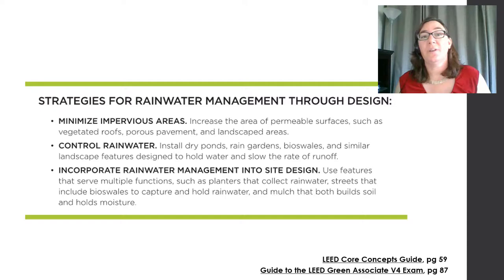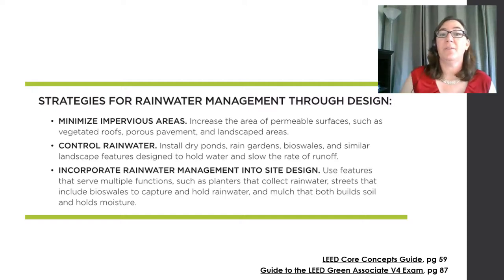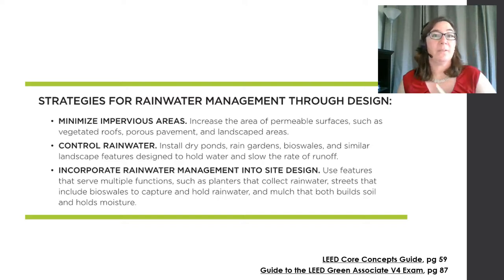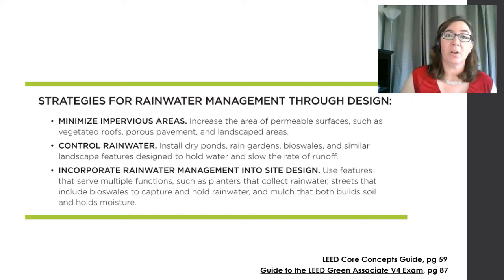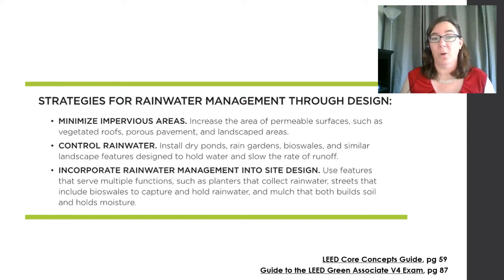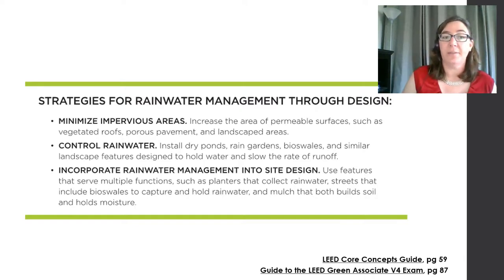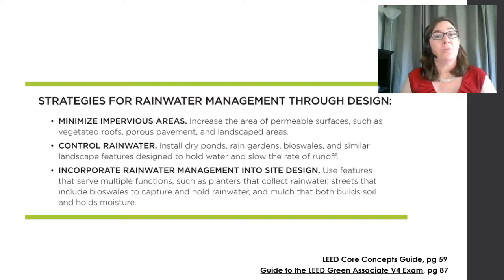Taking a look at the design strategies that are related to rainwater management, the first one is to minimize impervious areas. We saw that in the last section also when they called it minimizing hardscape. The next one is to control the rainwater, and there's various site designs that can do this, including dry ponds, rain gardens, and bioswales.